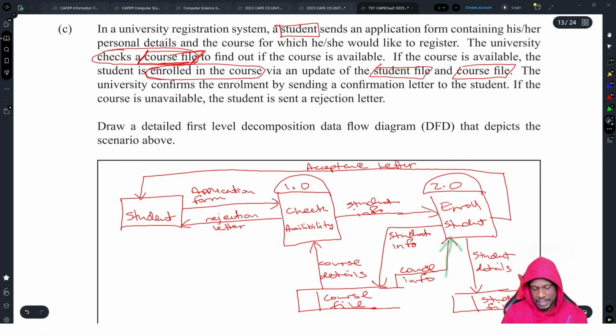But they didn't say that. And I believe you have to assume it, because by the laws of data flow diagrams, you can't create an output without any inputs. The only input inside here would be the student information, and there's no way you could create an acceptance letter without the student information and the course information. That's my argument, and I'm sticking to it.